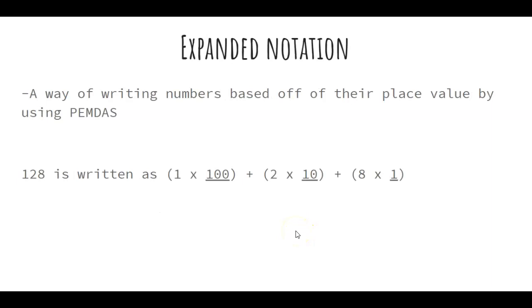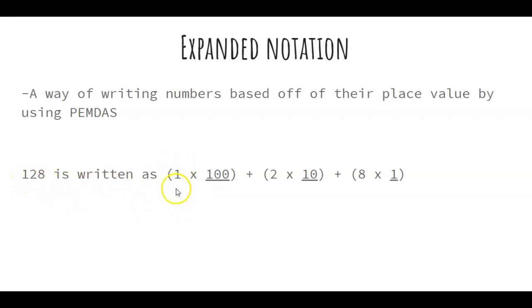Expanded notation is pretty much the same thing as expanded form, only instead of just writing it in its place value, it kind of sorta is like PEMDAS. So a way of writing numbers based off of their place value by using PEMDAS. So look at this, 128 again. 1 times 100. I'm writing that because the 1 is the digit. So I have a 1, a 2, and an 8.